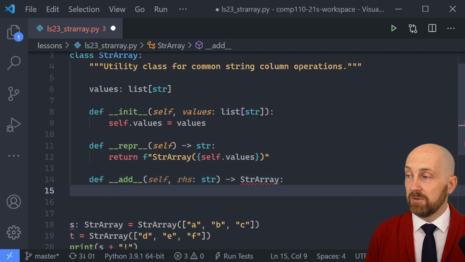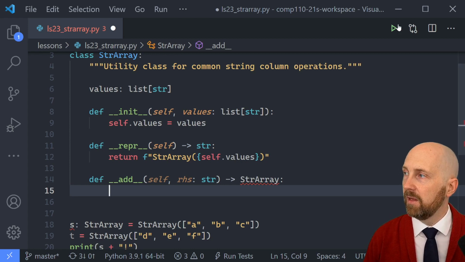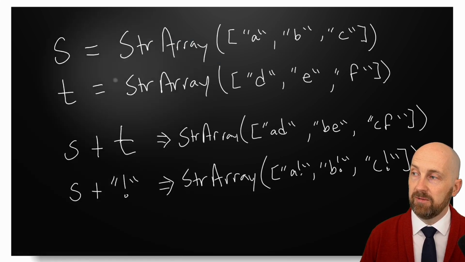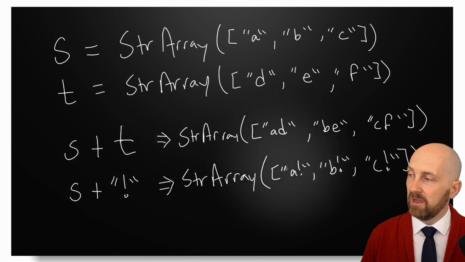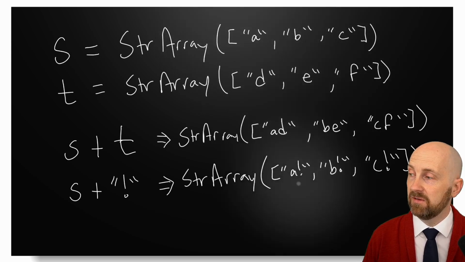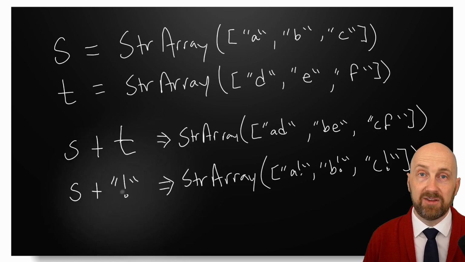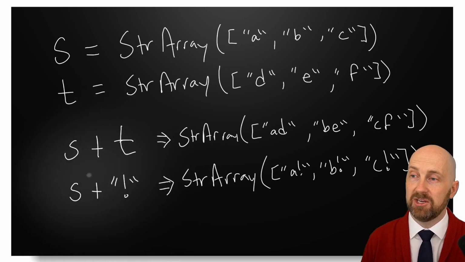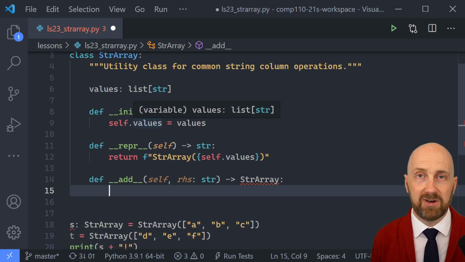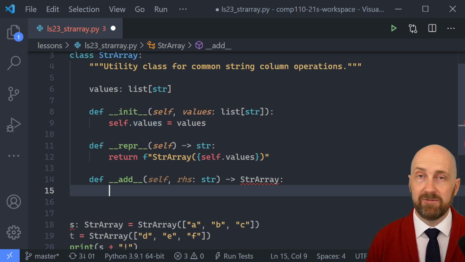Well, what's our implementation going to look like here? If we go back and think about it, we're trying to introduce this addition operator for a StrArray s with some string. We want to go through and create a new list where each item is the corresponding item in the input list concatenated with whatever the second string was on the right-hand side of our addition operator. So we can turn this into code. We should set up an intermediate variable that will be the list of strings that we're building up. We're not yet going to have a full StrArray object.